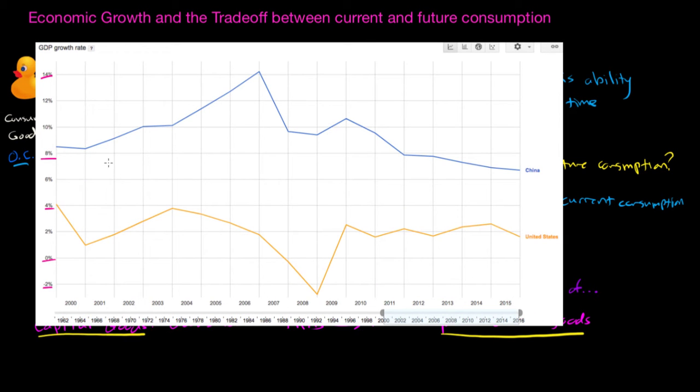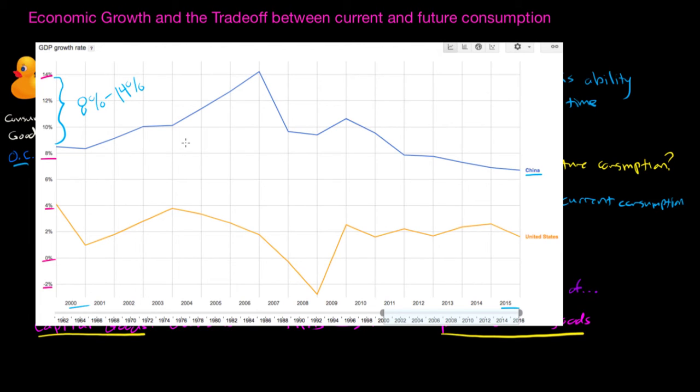China has enjoyed significantly higher rates of economic growth. The blue line here represents China's economic growth rates from 2000 to 2015. And we can see that China has average rates of economic growth of between 8% and 14% per year.